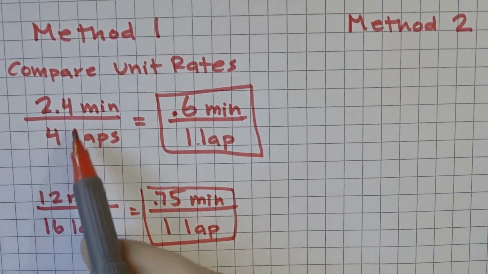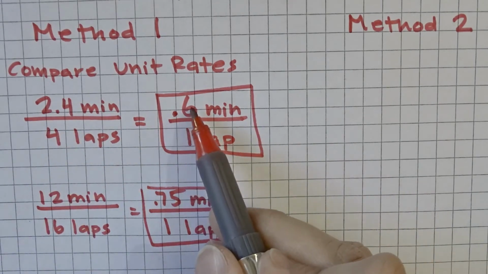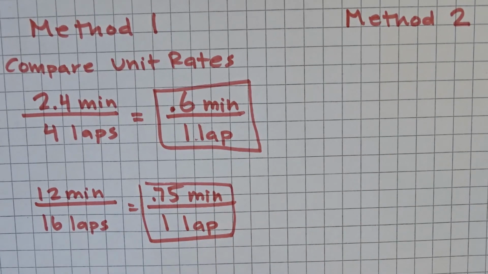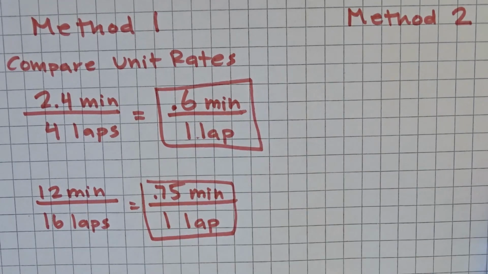So in the first scenario, I was going 0.6 minutes for each lap. And when I went to 16 laps in 12 minutes, I was averaging 0.75 minutes per lap, 75 hundredths of a minute each lap. So clearly the rates are not the same, so therefore they're not proportional.